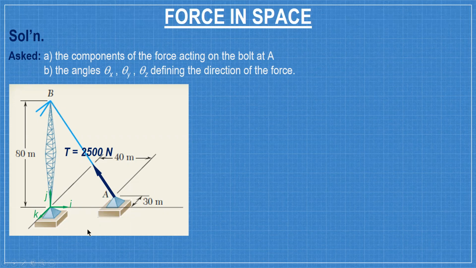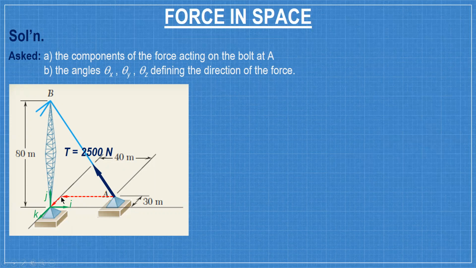Okay, so inan isa. So from A, one option is you move this way. This line is parallel sa X man. Okay ra na. Now, by having this, you will have an idea na ang X coordinate is negative. Kaya going this way. So this is negative 40 I. X man eh. And then after this, payon ka sa bottom sa tower.